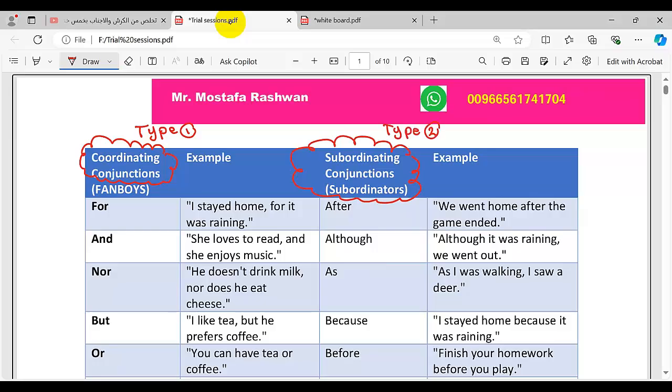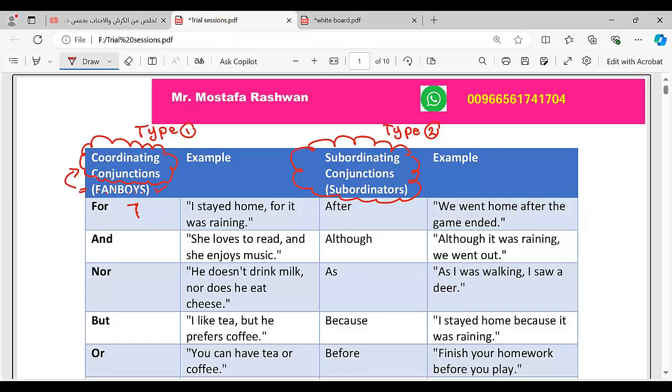In the coordinating conjunctions, there are 7, and those 7 conjunctions are in the acronym FANBOYS.